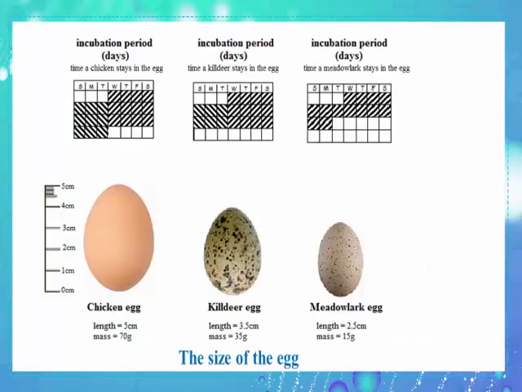So the incubation period in the chicken is 21 days, and that for the killdeer is 18 days, while that of the meadowlark is 13 days.